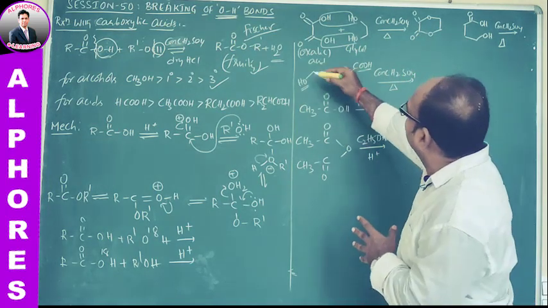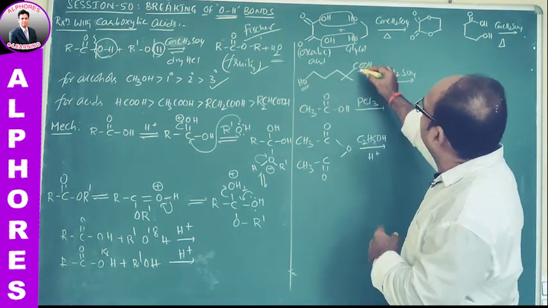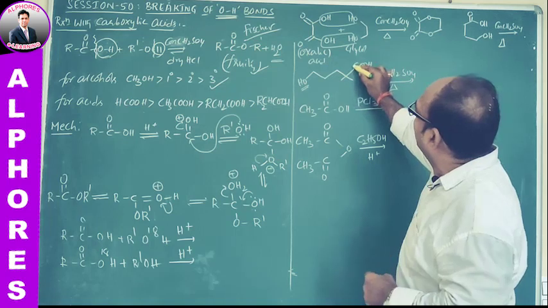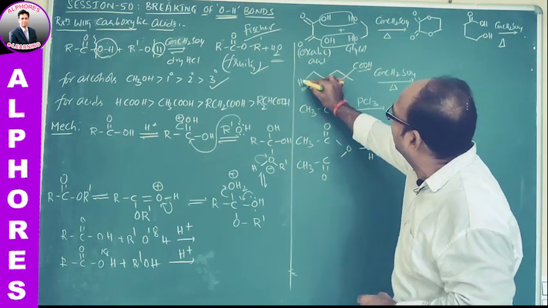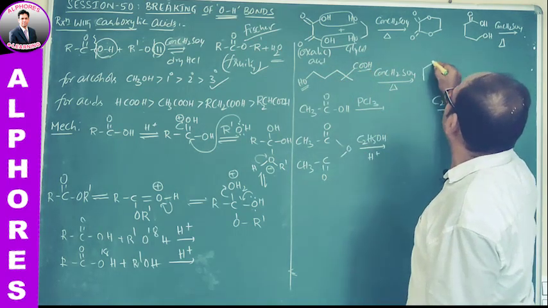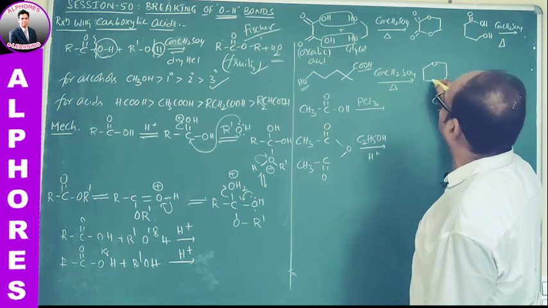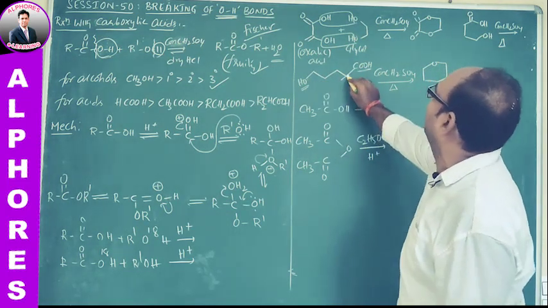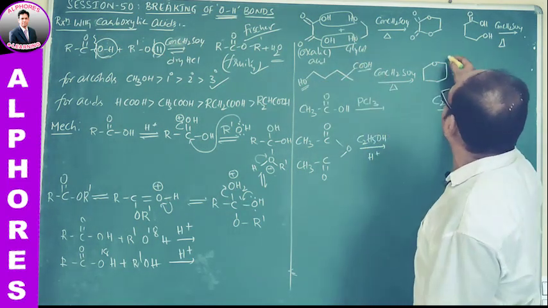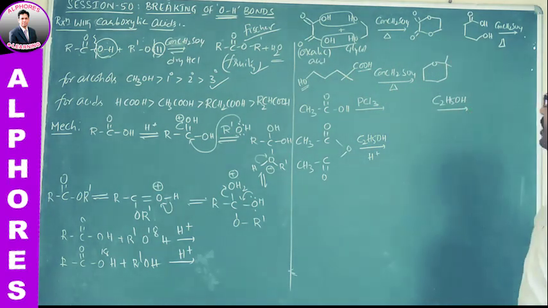So what happened here? Within the molecule, intramolecular esterification, counting 1, 2, 3, 4, 5 with oxygen 6. That means there will be formation of a 6-membered ring. And wherever oxygen is there, next to it two methyl groups are there.